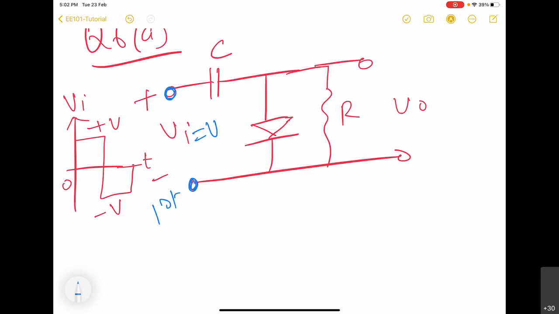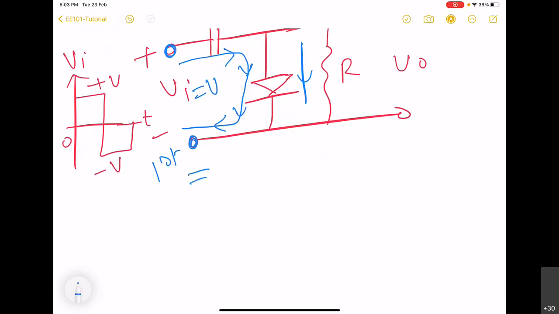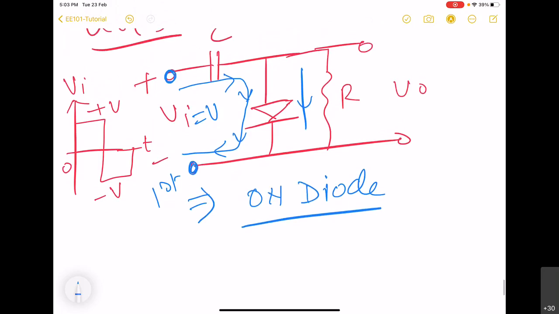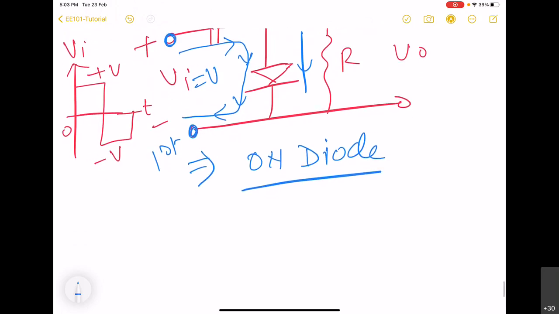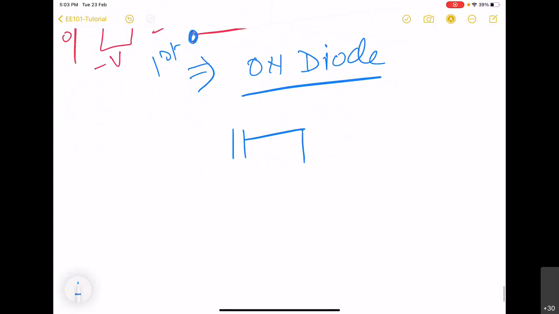Here we see that there is a voltage which will establish an electric field like this, or the voltage distribution along the circuit is going to be in this direction. So here we see that the voltage and diode are both aligned in the same direction. So during the first half, this implies the diode is on. So when the diode is on, we can redraw the circuit with the diode substituted by a short circuit in this way.